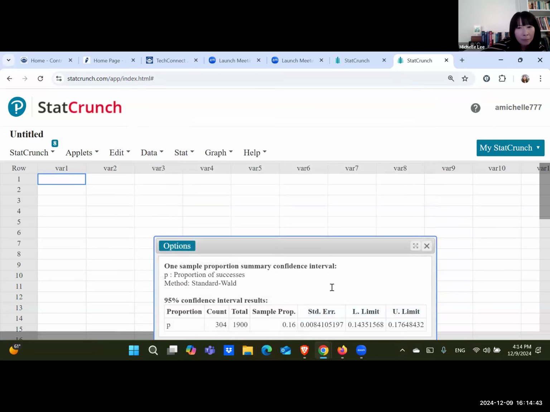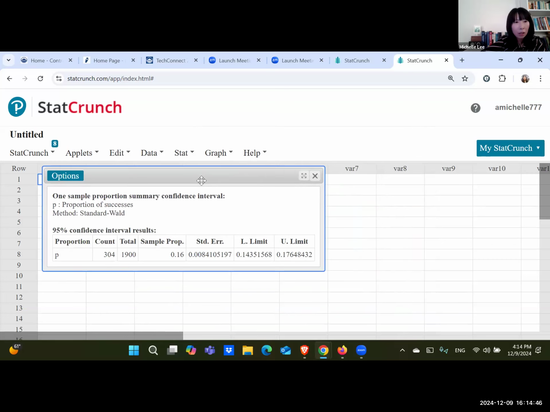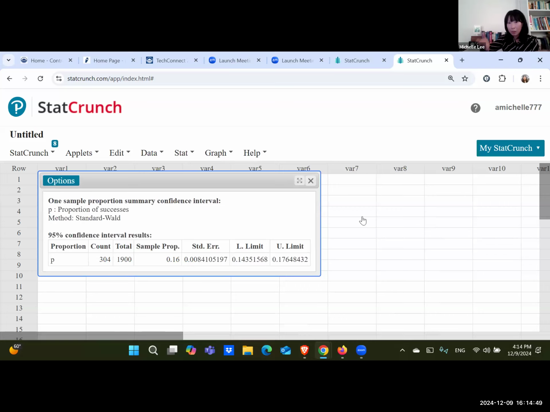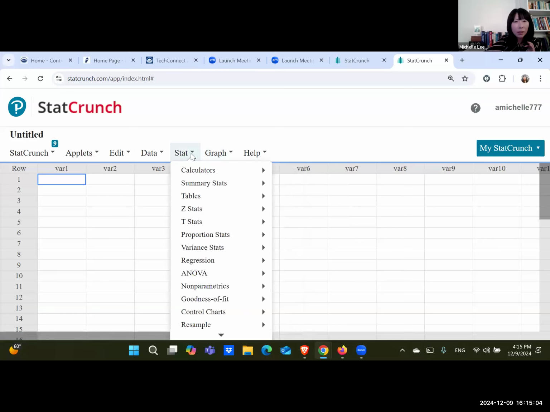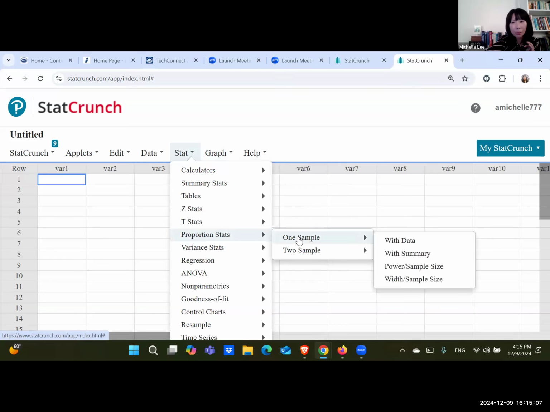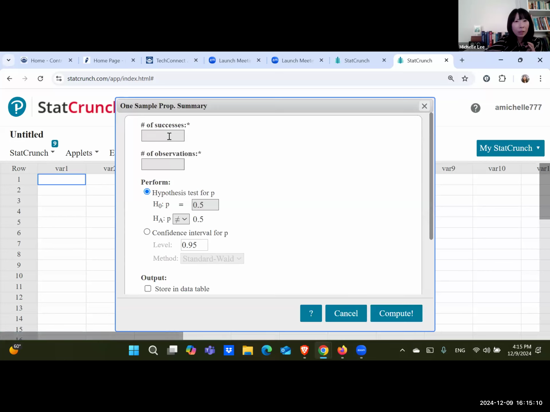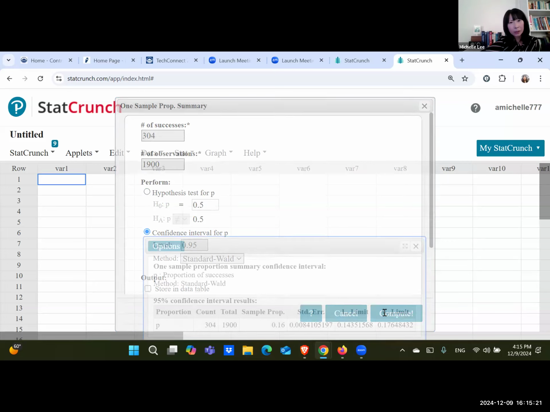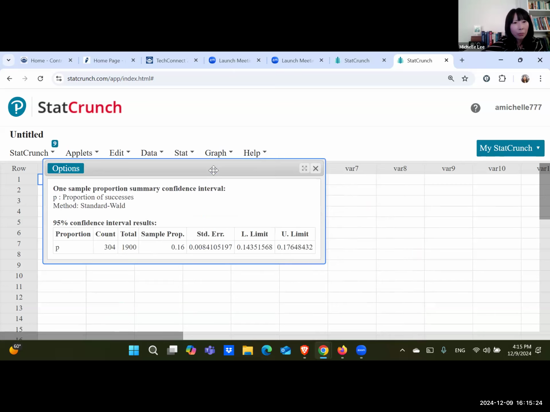So compute, right? Okay, so we have a lower bound and upper bound. Oh my gosh, I did not share. Sorry about that. Let me do it again. Stat, Proportion Stats, one sample with a summary. Number of successes 304 and 1900. And level of confidence 95%, compute.